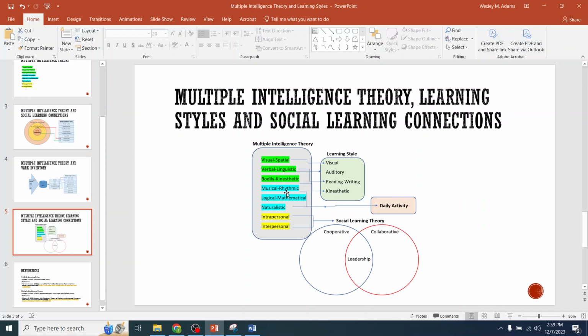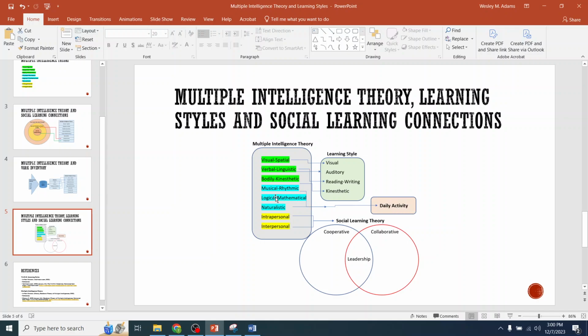That's essentially what we're doing here. So you see visual spatial, verbal linguistic, bodily kinesthetic, all of those tie in to learning style, what we just talked about.